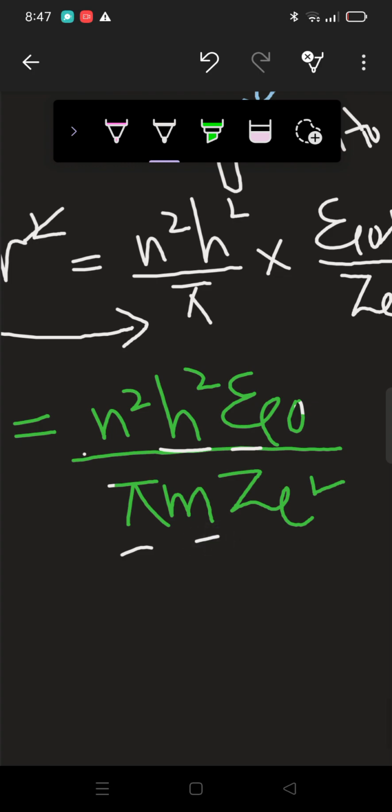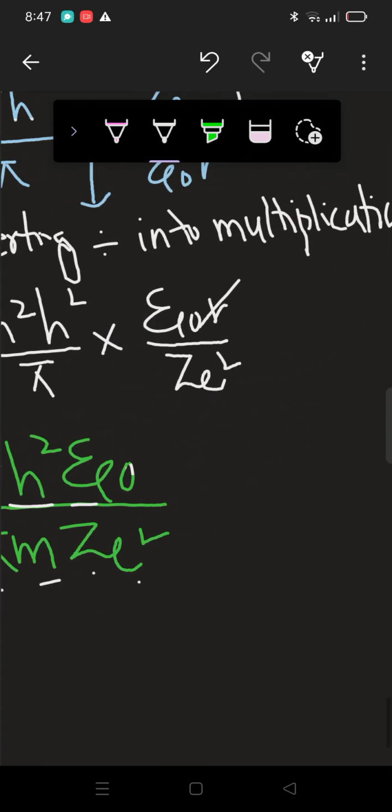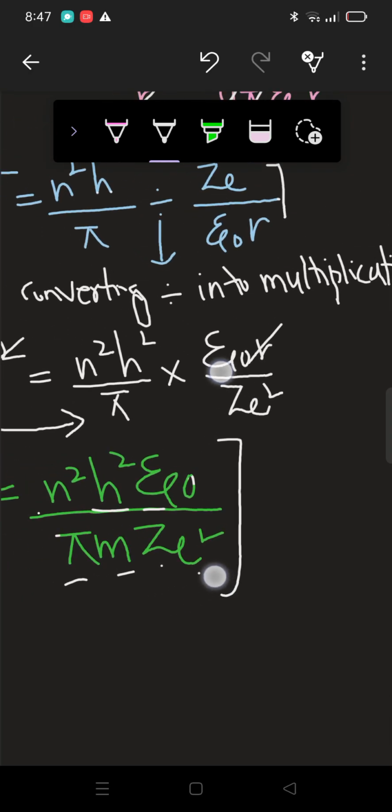Mass of the electron is constant, which is equal to 9.11 into 10 to the power minus 31. Z is not constant because the atomic number of every atom will change. However, the charge of the electron is constant, which is equal to minus 1.67 into 10 to the power minus 19 coulomb. So the terms which are not constant, we're going to write separately.